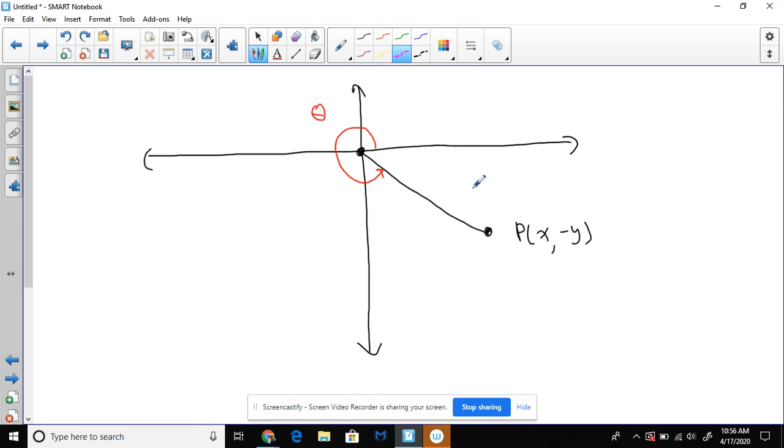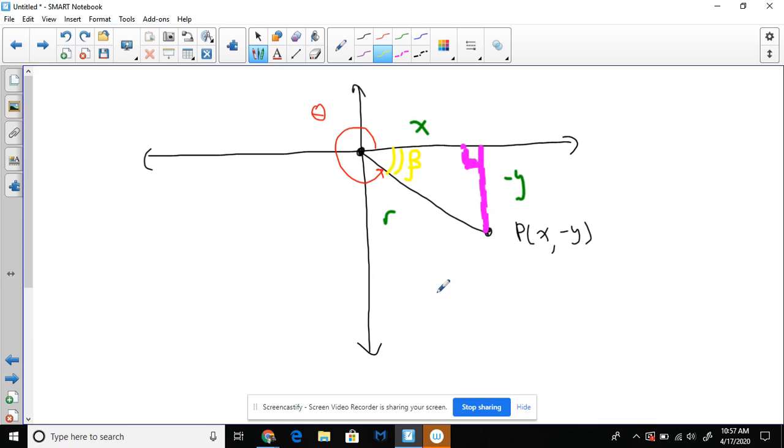And then if I drop a height, sorry, I hit the dotted line. So this value, that's negative y, this is x, this is r. And then again, remember, this angle in here is my related acute.